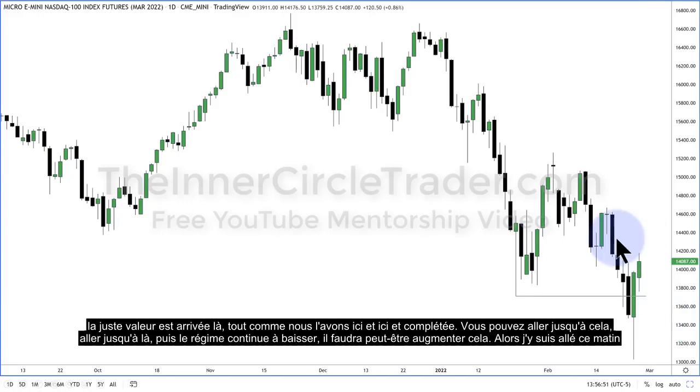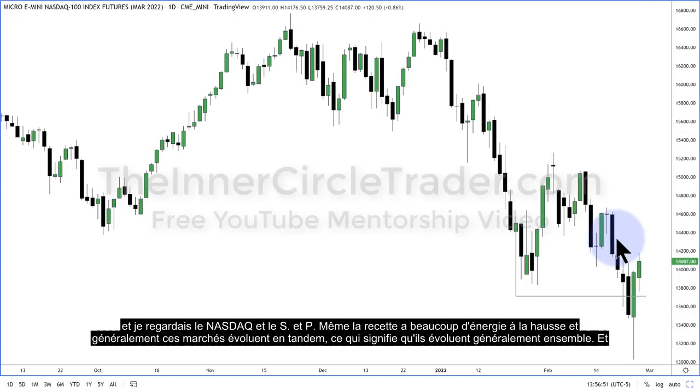So I went in this morning and I was watching the NASDAQ and the E-mini S&P. E-mini S&P had a lot of energy to the upside, and usually these markets move in tandem. That means they're generally moving together.